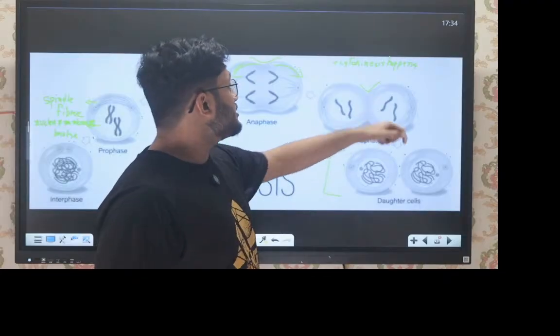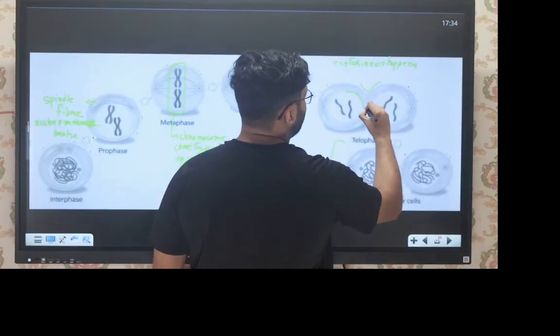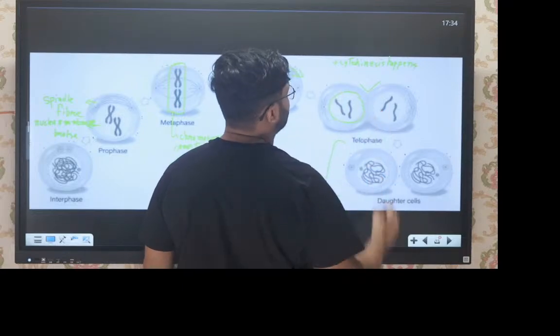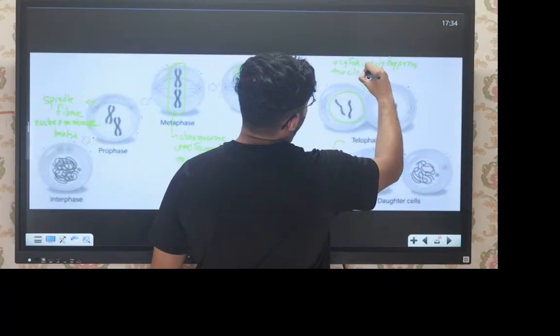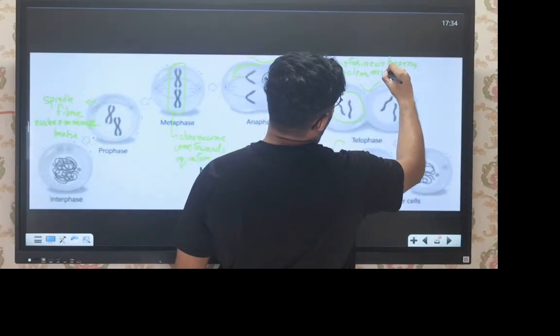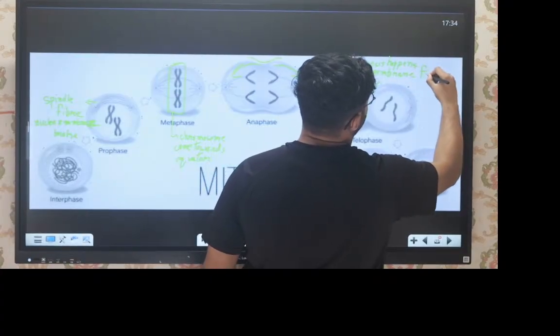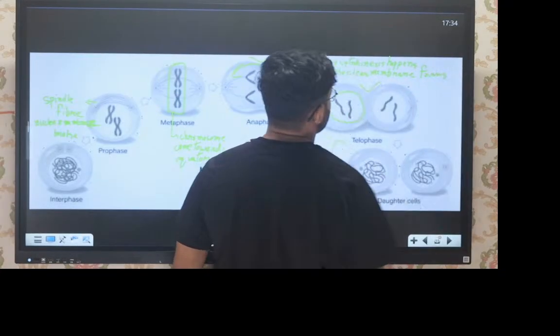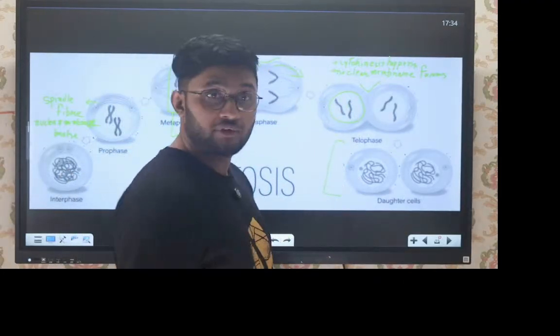And then we can see the nuclear membrane forming, slightly forming.